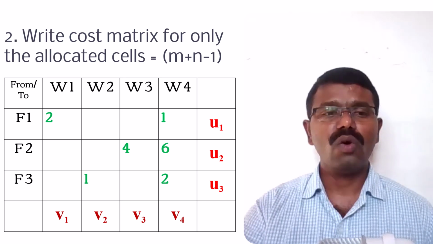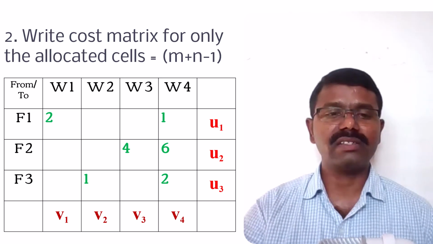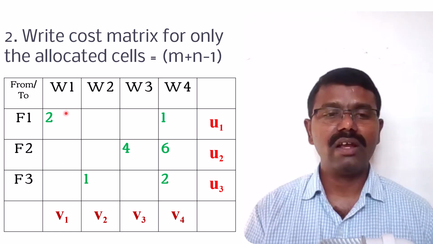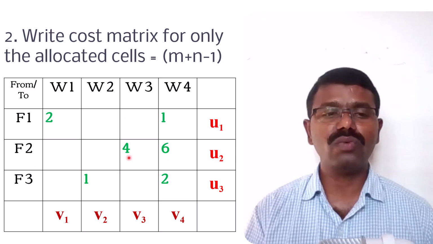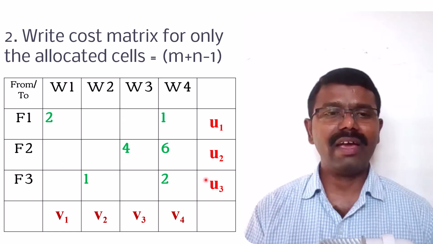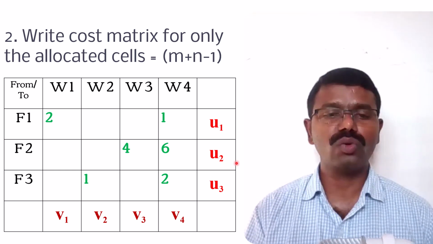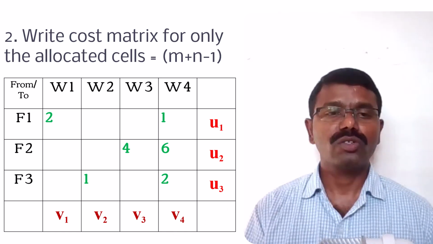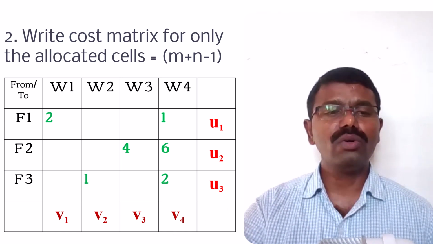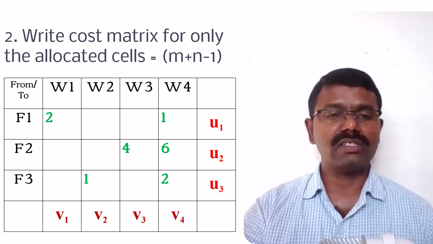Once you get this basic feasible solution, the next procedure is to write the cost matrix for only the allocated cells. Here the allocated cells are 2, 1, 6, 2, 4 and 1. And again like earlier, you assume U1, U2, U3 and V1, V2, V3 and V4. Now we need to denote the equations.